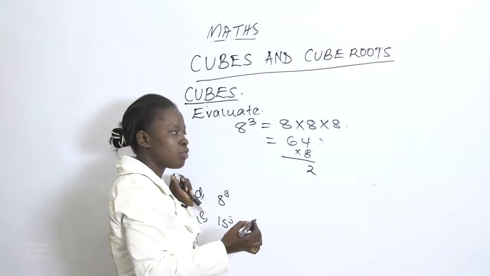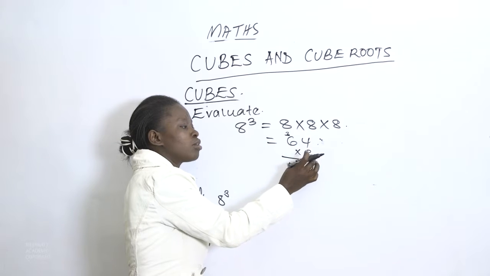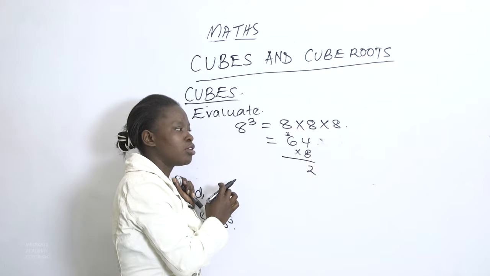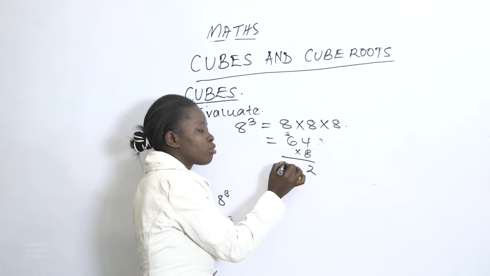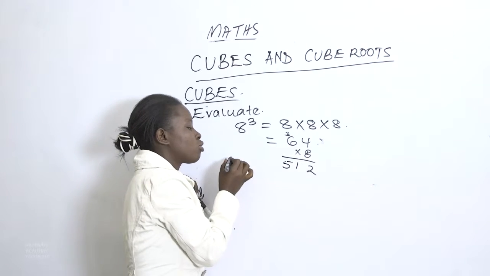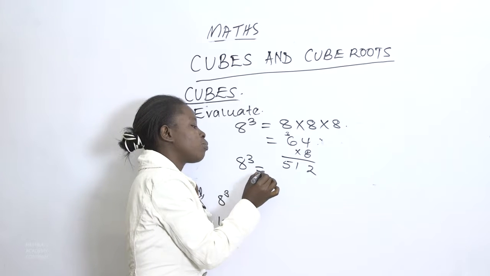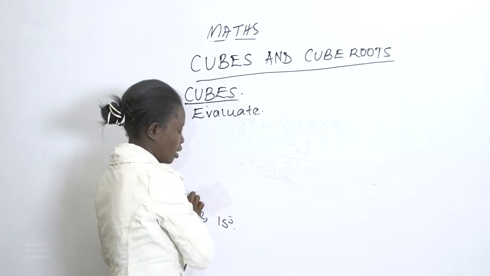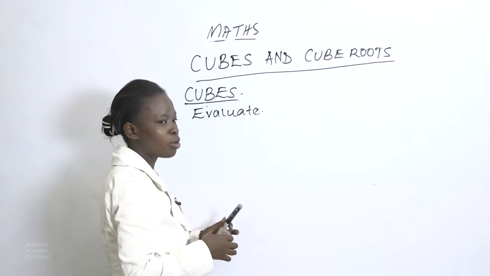Write 2, carry 3. So we have 8 times 6 is 48. 48 plus 3 is 51. So 8 cubed is simply 512.